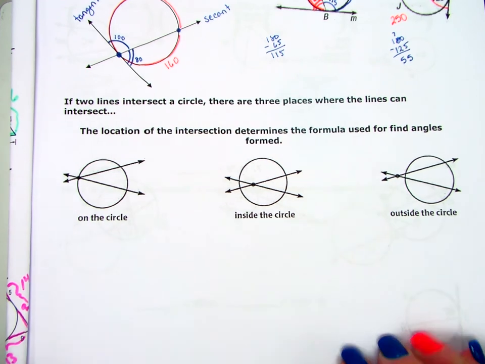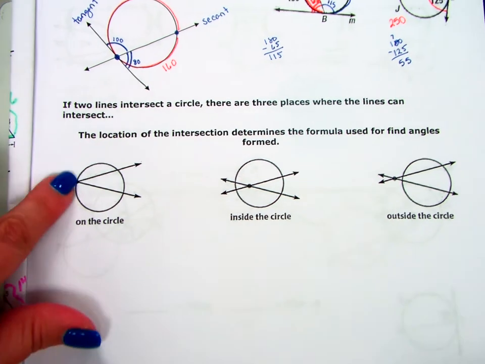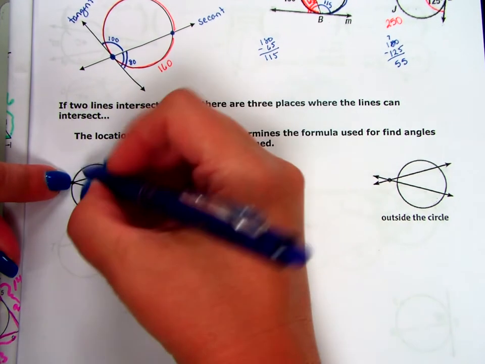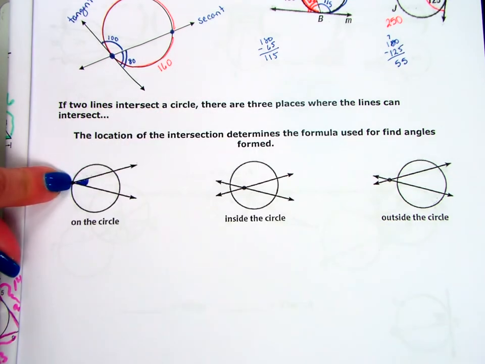Okay? So what's going to happen is there's going to be 3 different methods for finding the angle at which those lines intersect. So I already know if it's on the circle, I don't care about the left-hand side, I only care about the right-hand side. If I'm looking at this angle right here, we already know that that's called an inscribed angle.